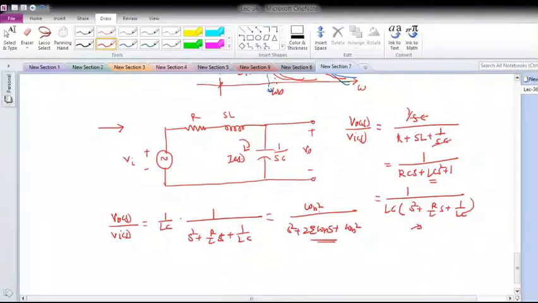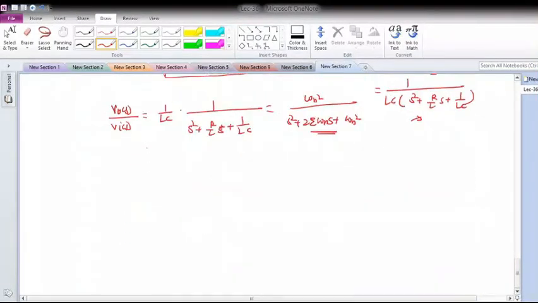If I compare, I get this in a standard second order form, and the numerator 1 over LC I can call K, and there will be two roots. Suppose one is S plus P1, the second will be S plus P1 complex conjugate, because now I am interested in the complex conjugate pair. Okay, so now let us find out the roots for this.